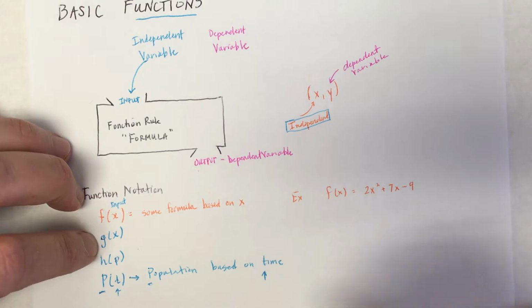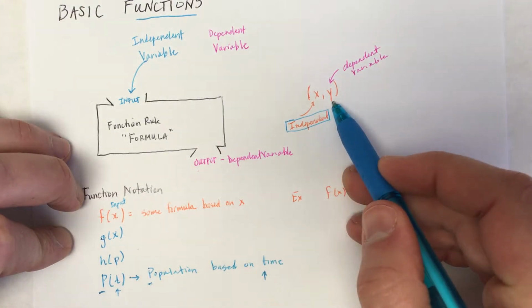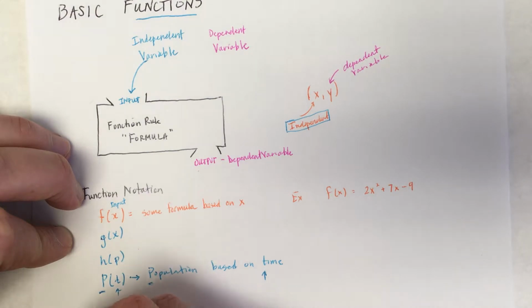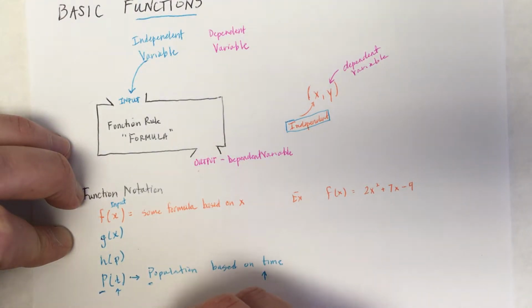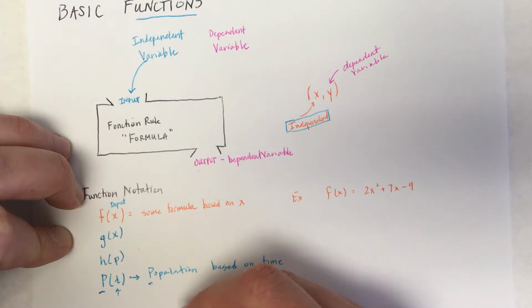Now this is the same thing you've got to remember as your x and y. It's the idea that this is always going to be your input or independent variable, and this is going to be your output or dependent variable.